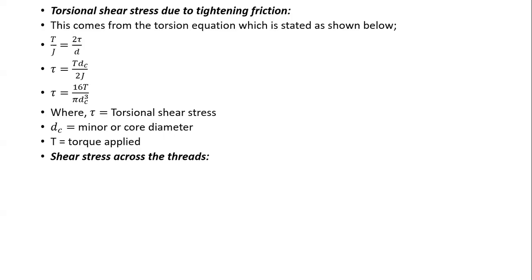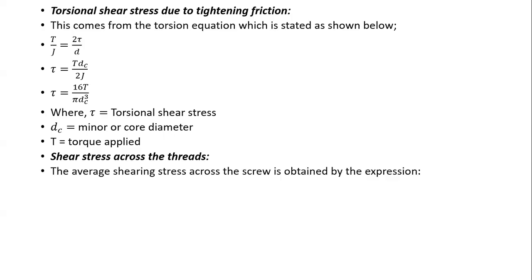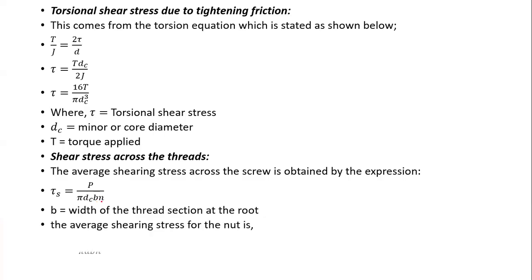If you want the shear stress, you can also use the standard formula. Stress is force over area, where this is the area and this is the force, or the shearing force. This is our core diameter, the width of the thread, and N, the number of threads.